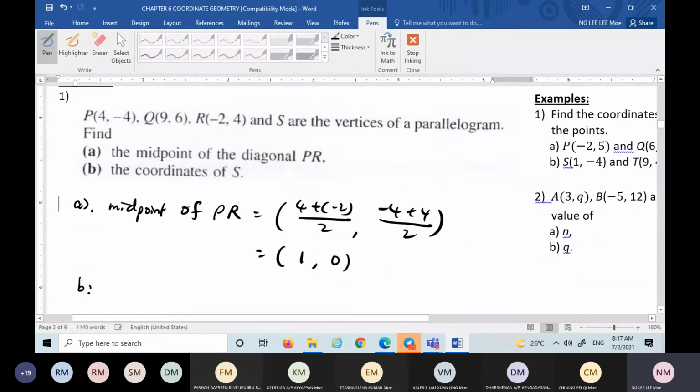Now we go to B, the coordinates of the last point, or the last vertex. A parallelogram has 4 points, and 1 point we don't know the coordinates.